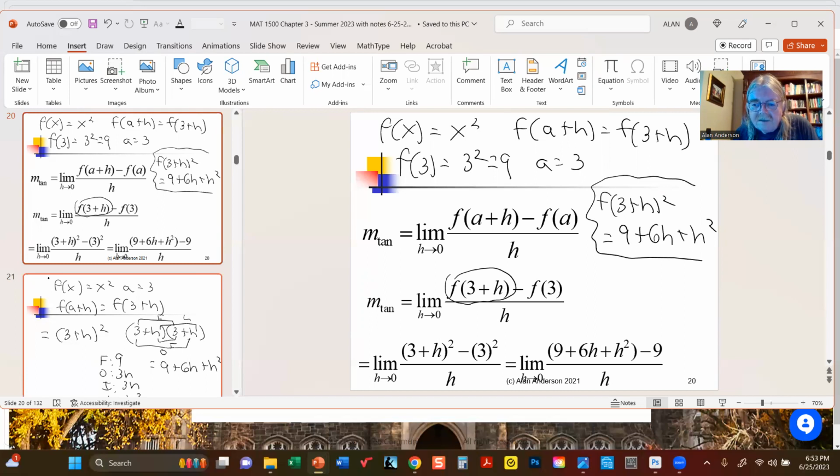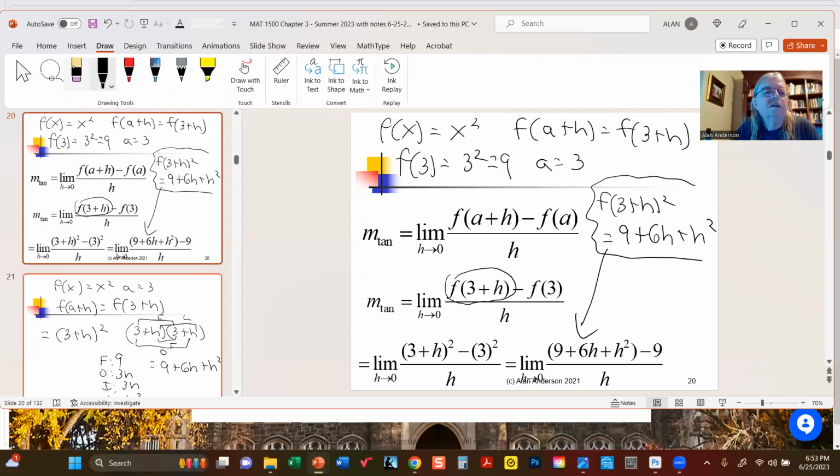And so that's where this is coming from. That's better. All right, and then f of 3, we've just gotten through showing up here that it's just 9. So that's easy enough. So we're taking the limit of this expression as h goes to 0.